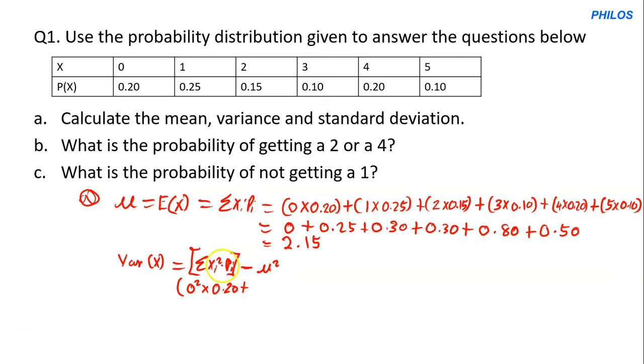Plus, the second x is 1. Let me open a big bracket here. Now, the second x is 1, right?